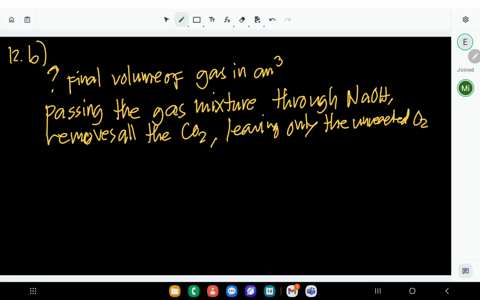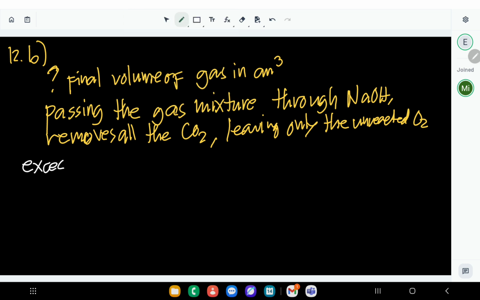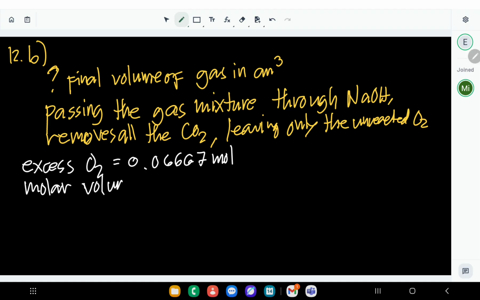Okay, so we calculated earlier that the excess oxygen is equal to 0.0667 mole. And given the molar volume of gas at room temperature and pressure, that is 24 cubic decimeter per mole.